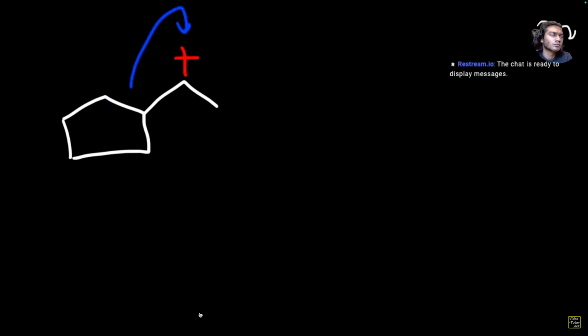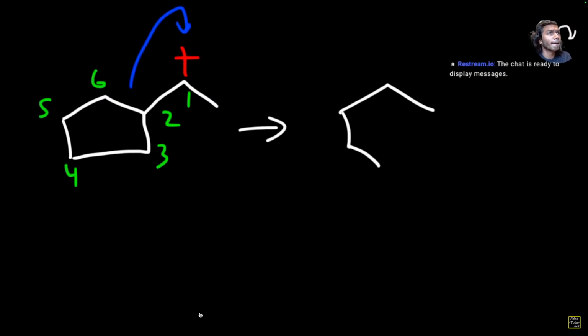Let's call this carbon 1, 2, 3, 4, 5, 6. So this is going to expand to a 6-carbon ring. Now, where's the plus charge? Well, first, let's put the methyl group somewhere. So this methyl group here is attached to carbon 1. So this has to be 1. Let's call this 2, 3, and so forth.